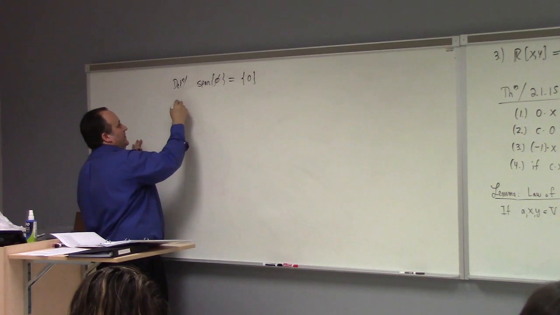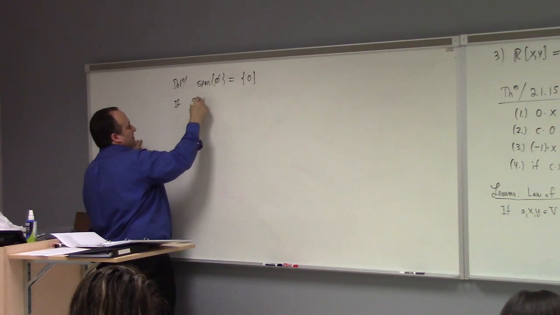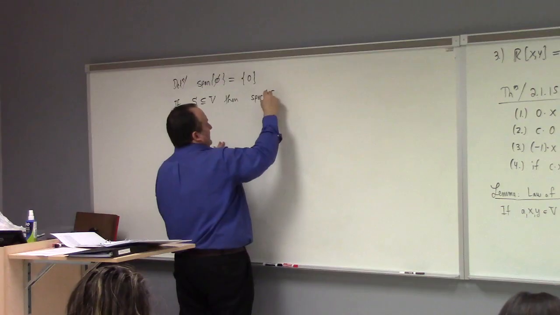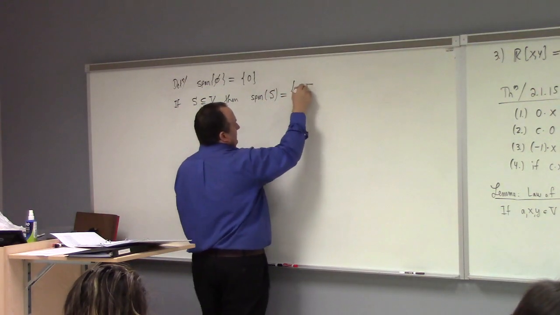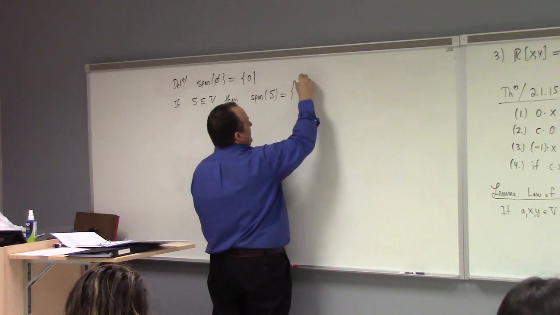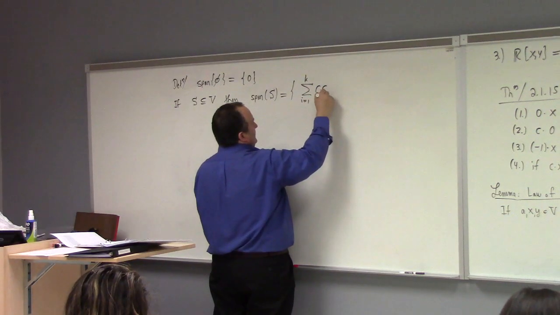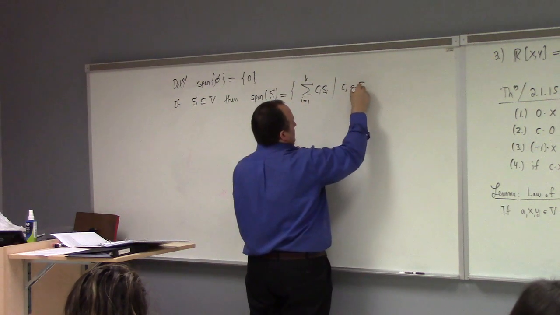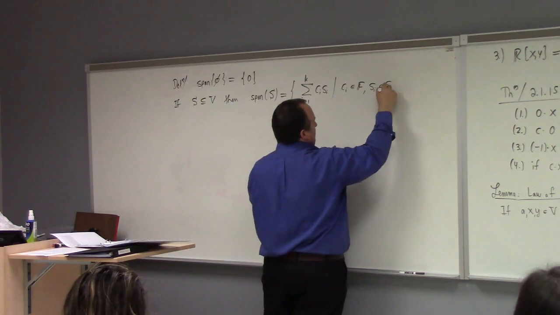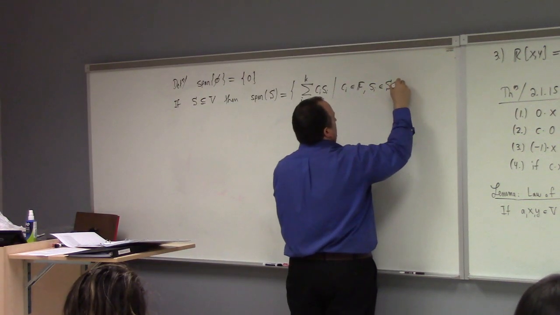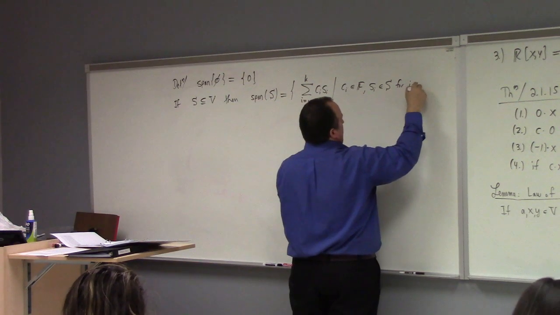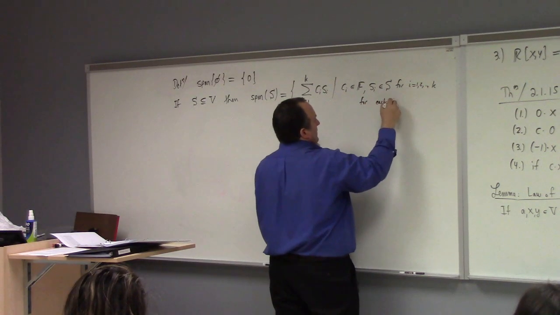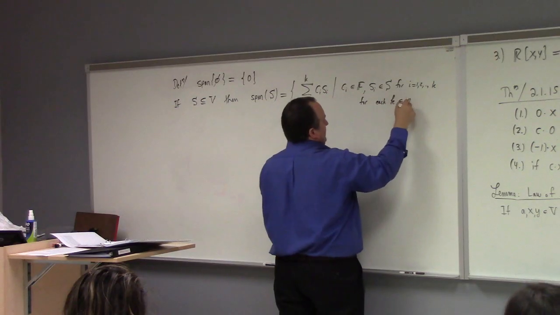But if S is, let's say, a subset of a vector space V, then the span of S is equal to the sum, i equals 1 to k, of C sub i S sub i, such that C sub i is an element of the field and S sub i is an element of S, for i equals 1 to k, for each k in the natural numbers.